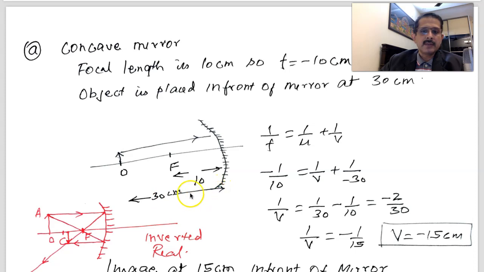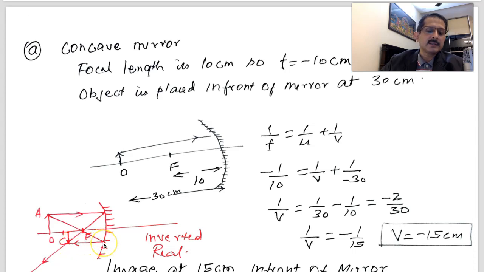So it will be somewhere here, minus 15. If I draw it in this figure, minus 15 is in this direction.